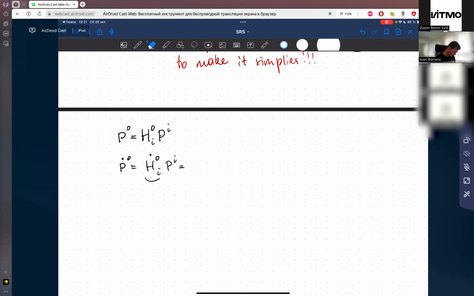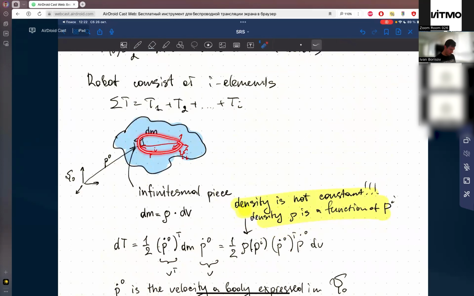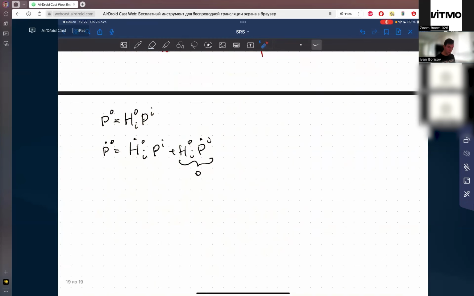So let me do everything explicitly, such that you can believe me. h01 p_i plus h0I p dot I, it will be 0, since this stuff is constant. Since the frame is rigidly connected to a body, the position between some point on the body and its frame will be constant, and the derivative of a constant is equal to 0.